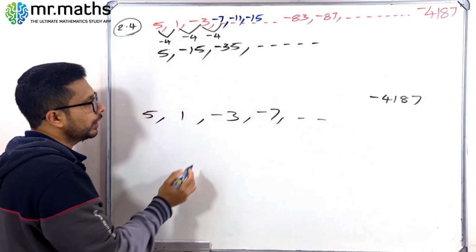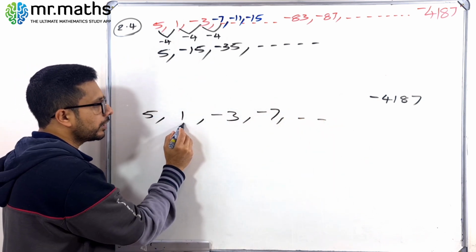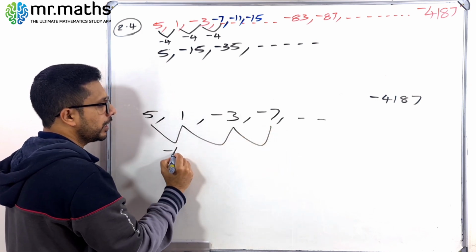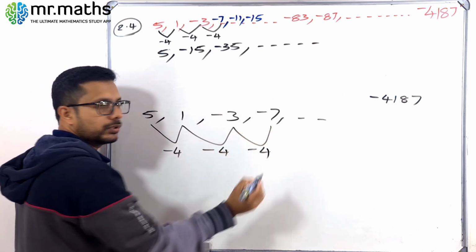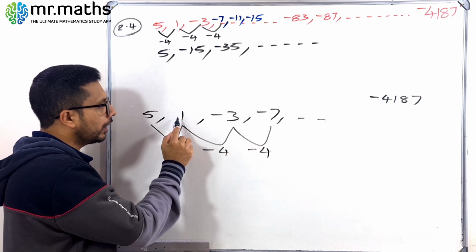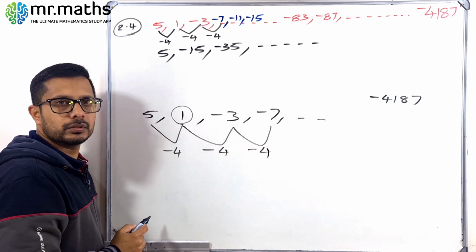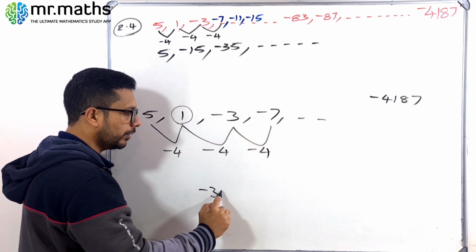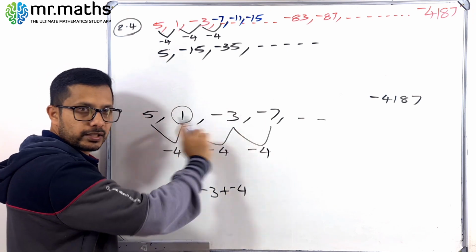Okay, so how can I get this number? I know that the common difference is minus 4. Am I right? Okay, so how do I get this number? This minus 3 plus minus 4. To that side it is subtracting.